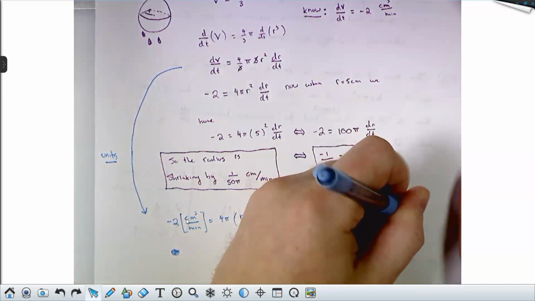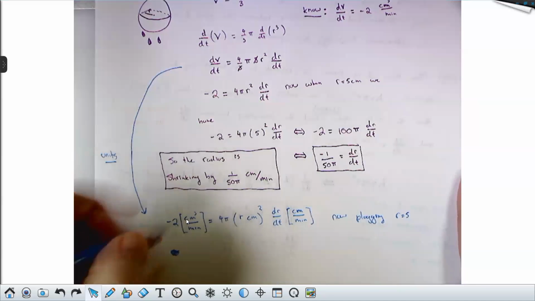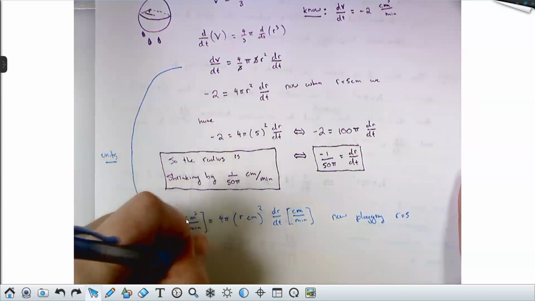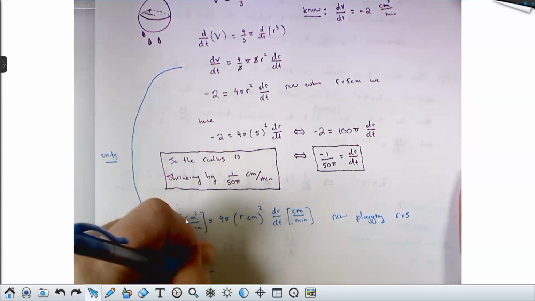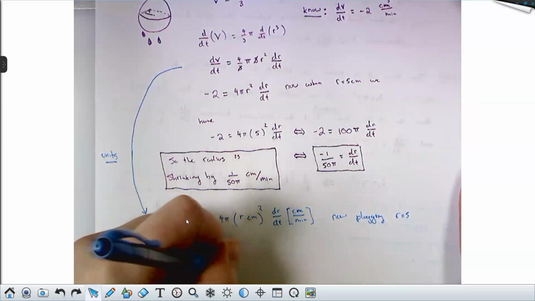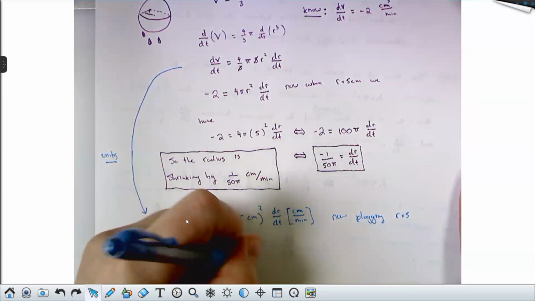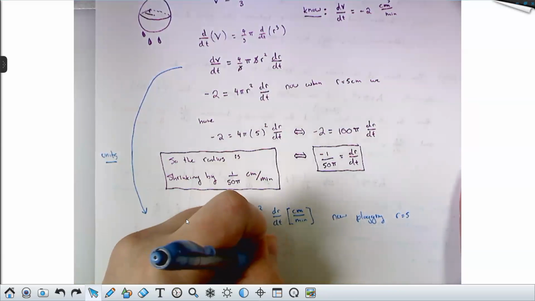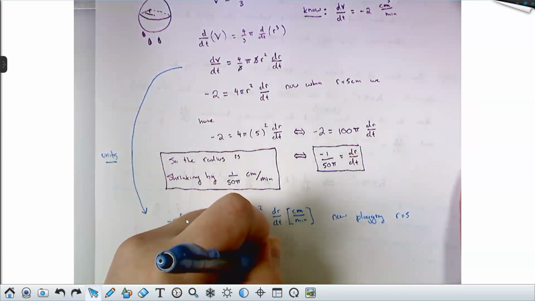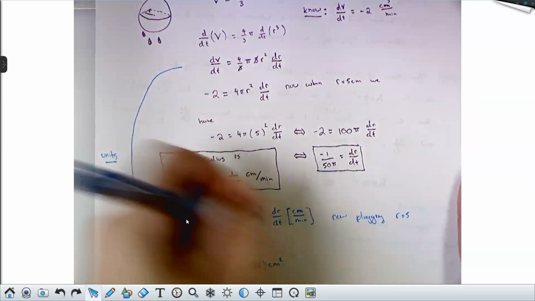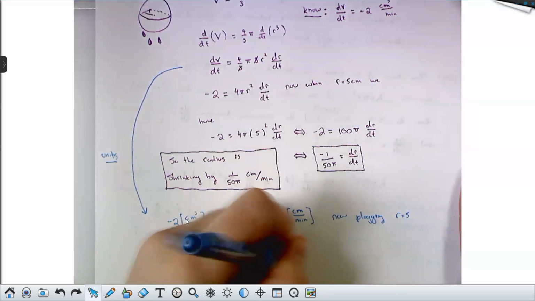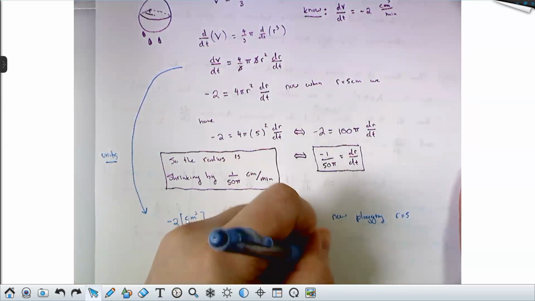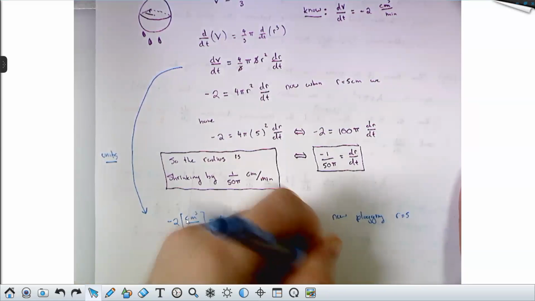r equals 5, because I've already got the units here. This would be -2 cm cubed per minute equals 4 pi times 25 centimeters squared times dr dt in cm per minute.